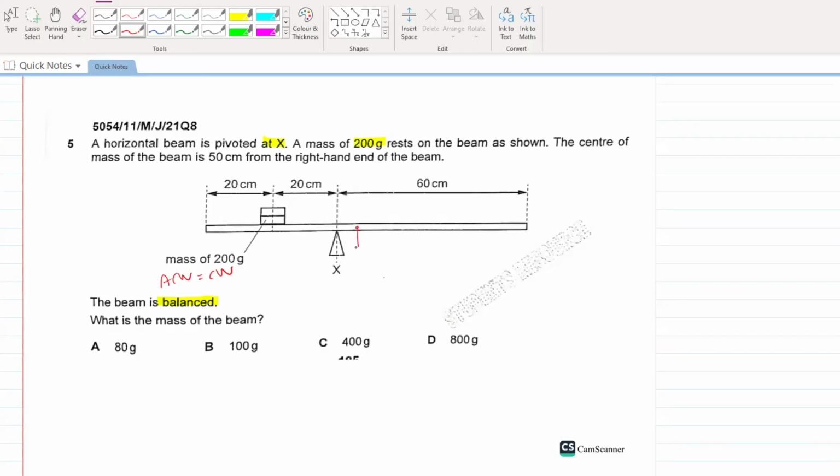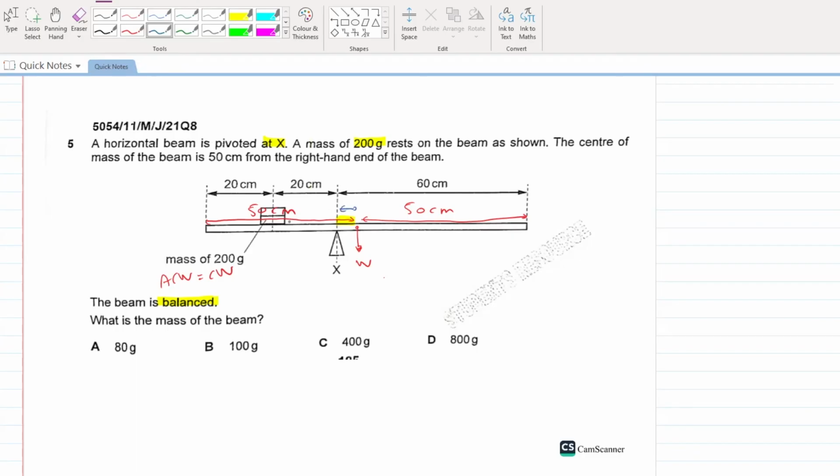That is the force of weight acting downward like this. This will be 50 centimeter as well because weight acts in the middle. And the distance of the weight from the pivot is this yellow highlighted thing.